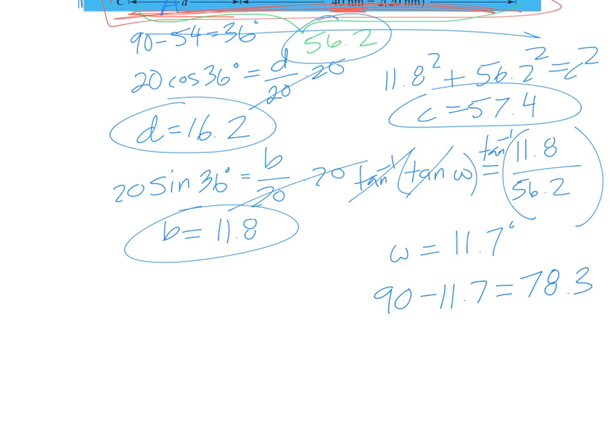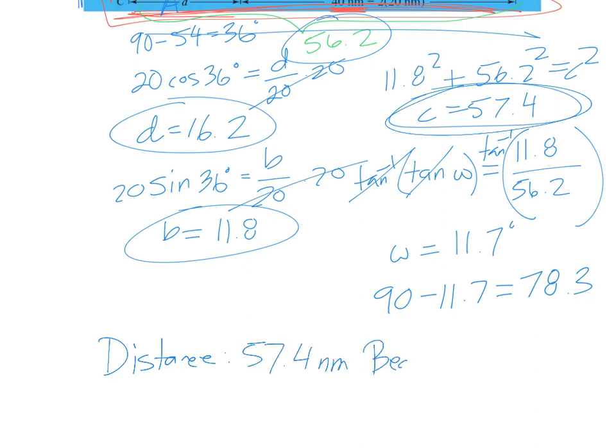So now the distance from the point of departure is 57.4 nautical miles, and our bearing is what? Well, we either start from north or south. We're starting from north, and then it's rotating 78.3 degrees, going which direction? West. And there's your answer.